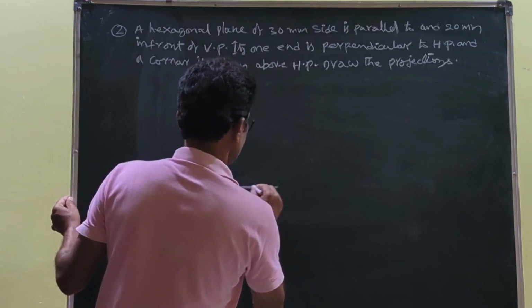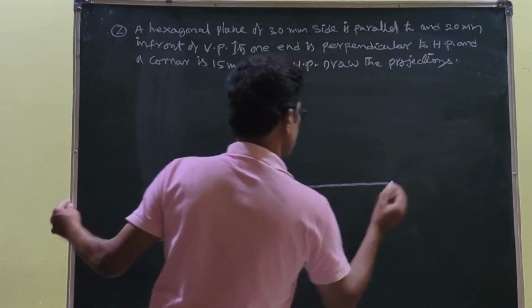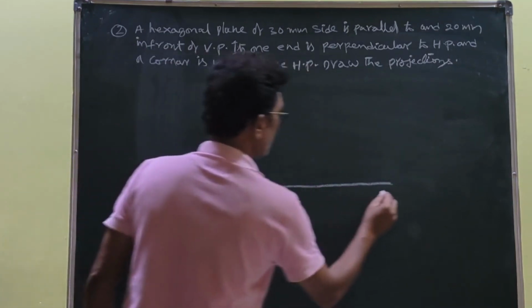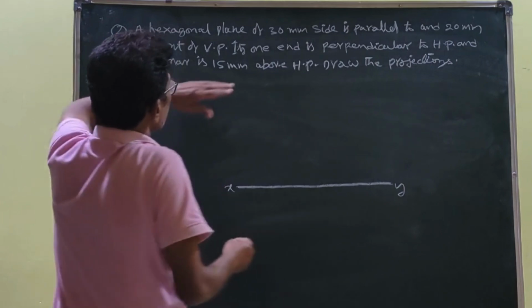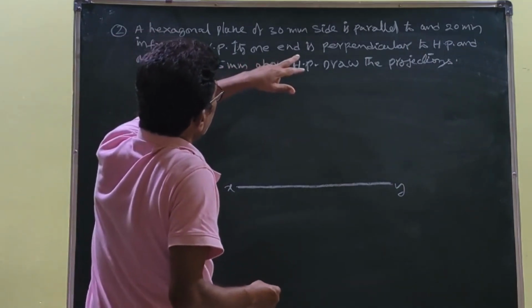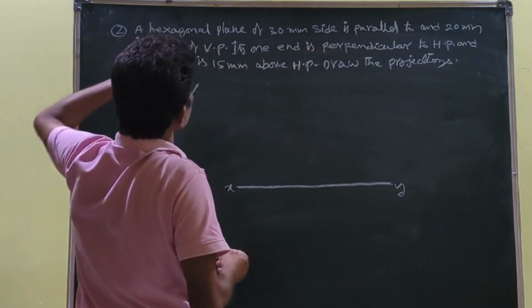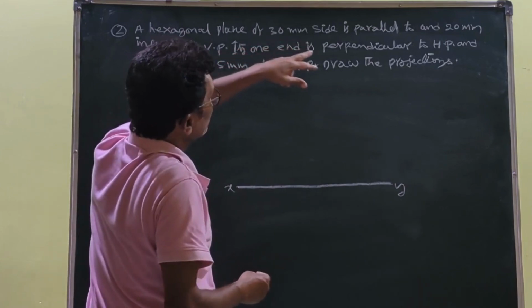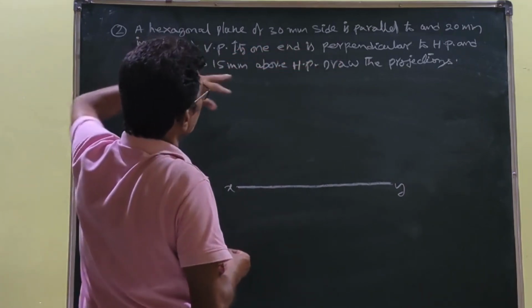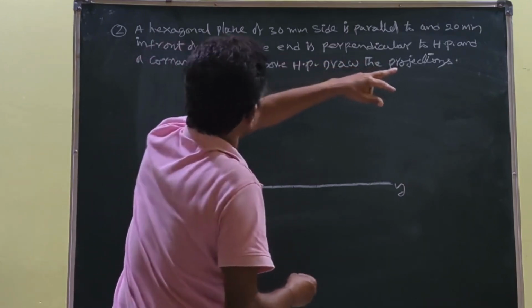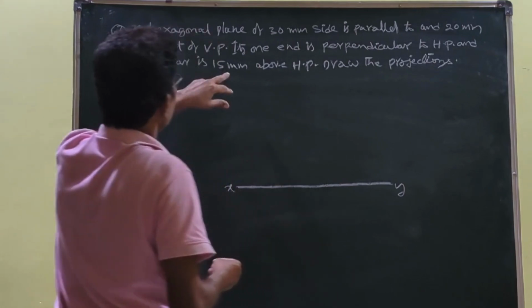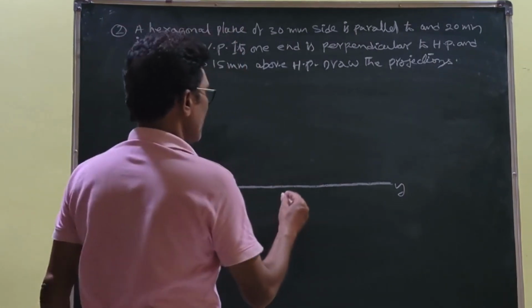the XY reference line. First condition: the 30 mm side is parallel and 20 mm in front of the VP, and one end is perpendicular to HP, and one corner is 15 mm above the HP.